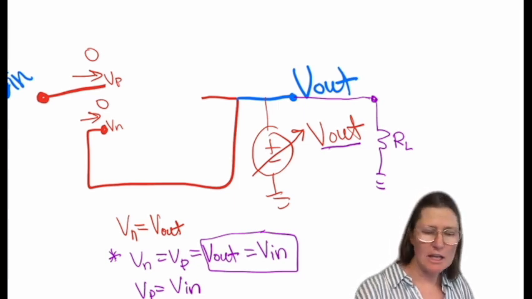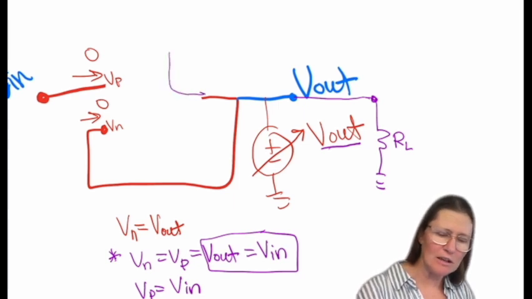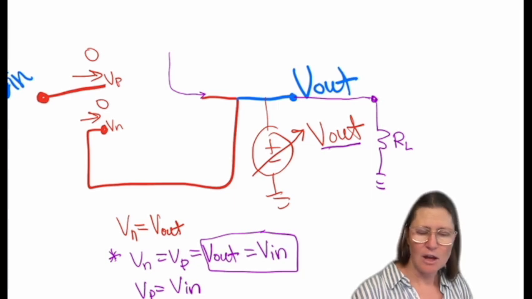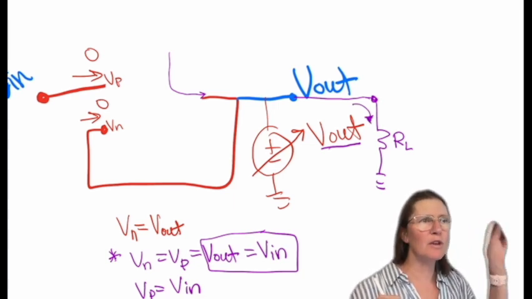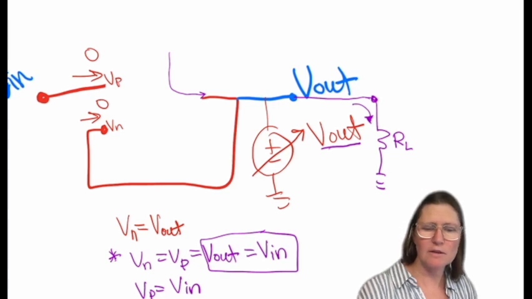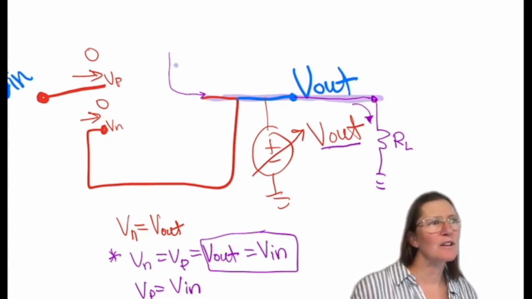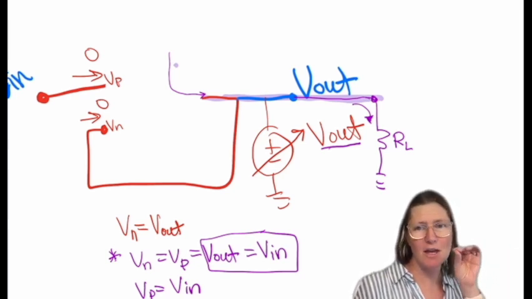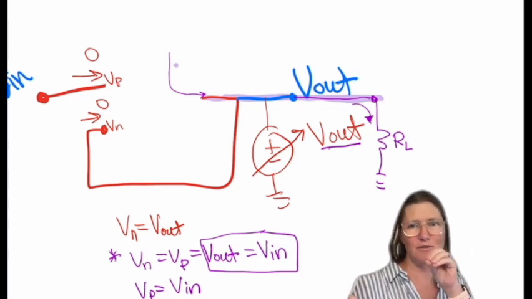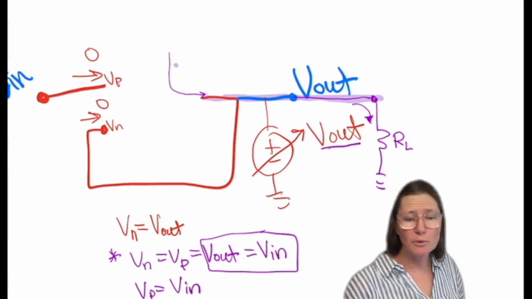Internally, it takes current and pulls it to keep the current here equal to give you V out at this node. So this node is always going to stay equal to V out. This is the way it can act as a buffer and keep that value at the V out node.